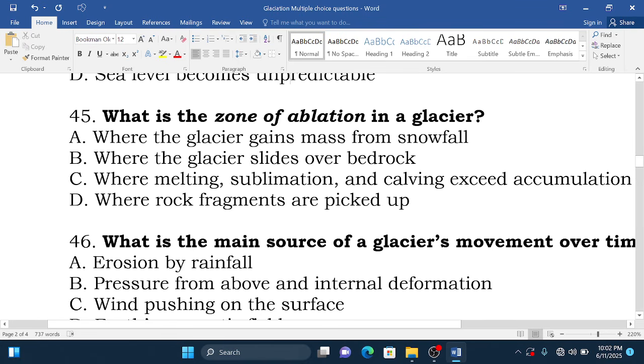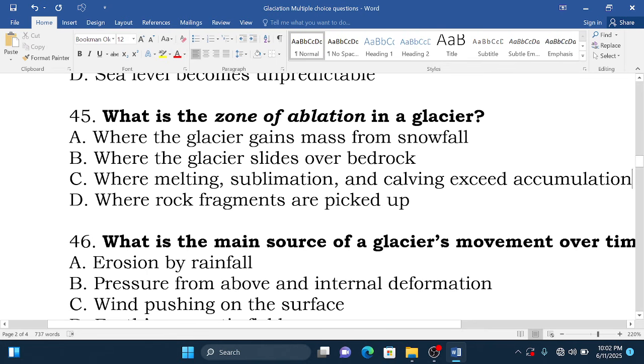A, where the glacier gains mass from snowfall. B, where the glacier slides over the bedrock. C, where melting, sublimation, and calving exceed accumulation. D, where rock fragments are picked up.